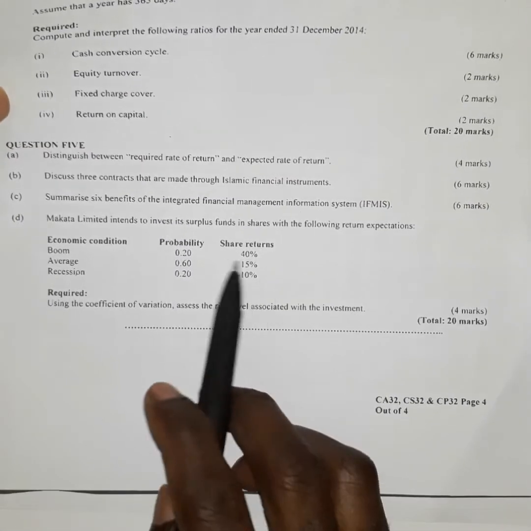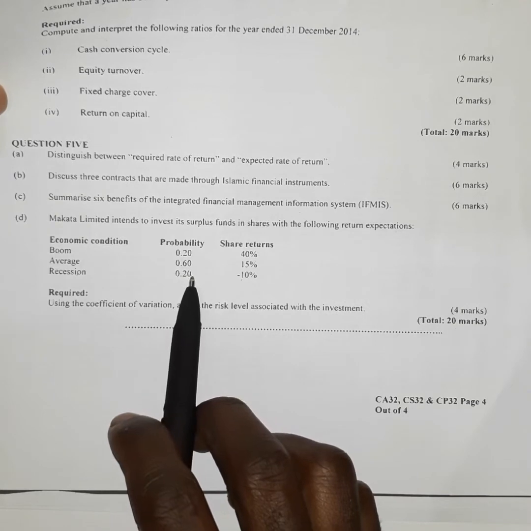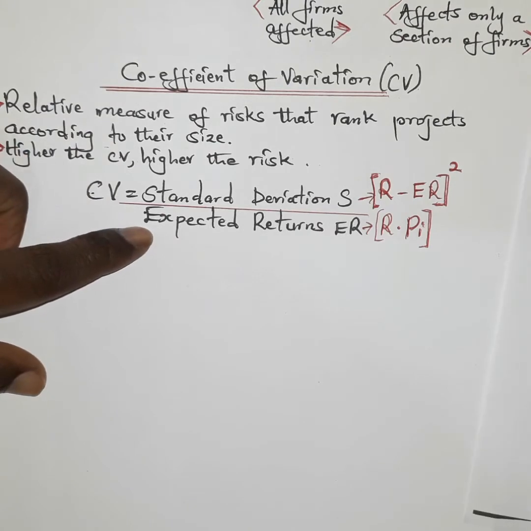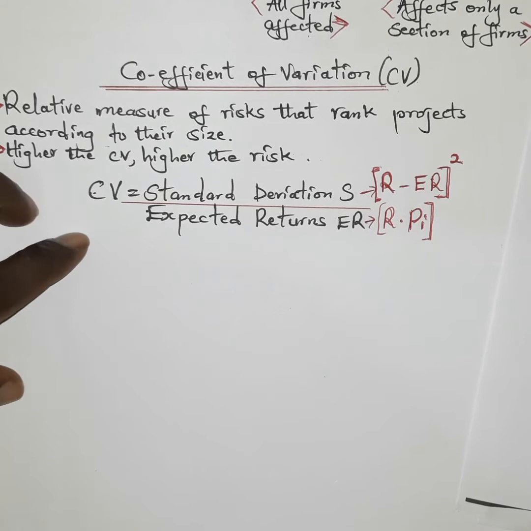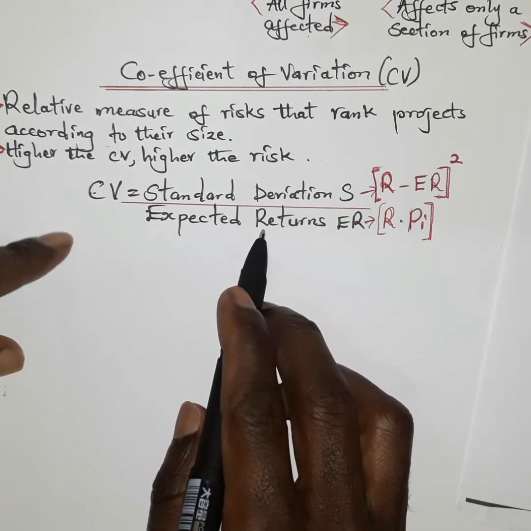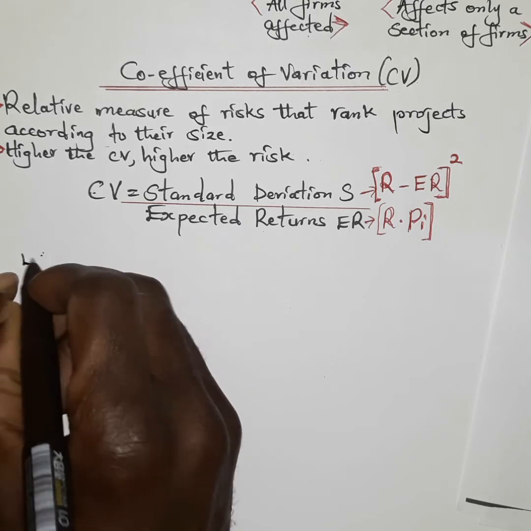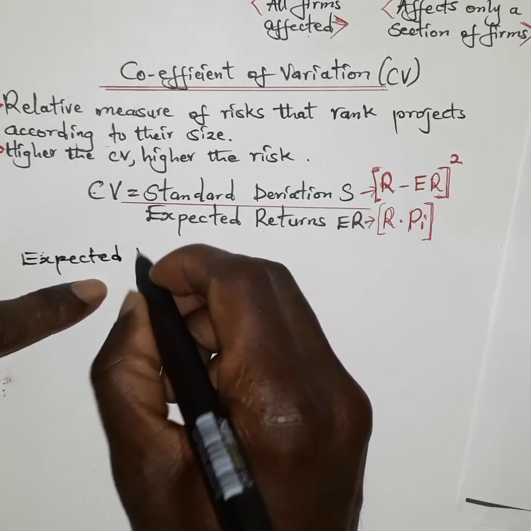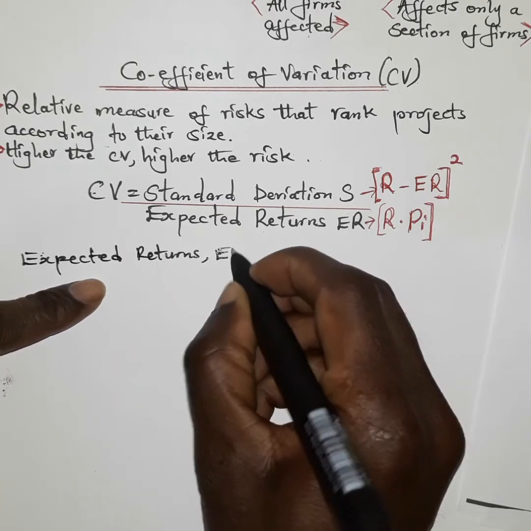Like in this question, we are given the share returns and the probability under each economic condition. When you talk about this formula, you can start by working out what is known as the expected returns, ER.